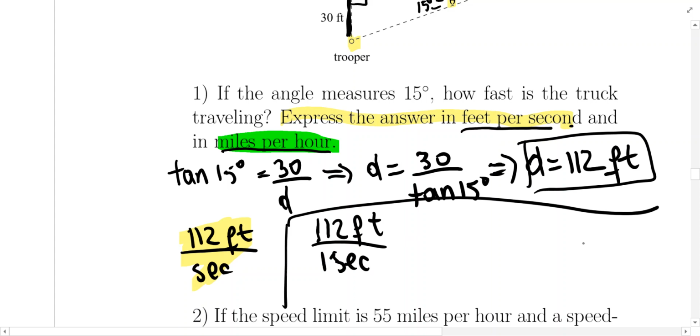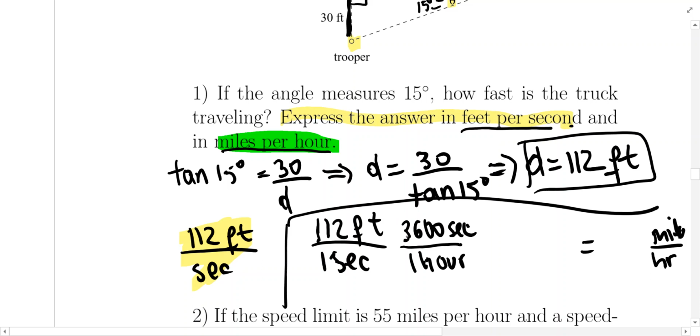Well, I need to get the answer in miles per hour. So I need to multiply by 1 hour. But instead of writing 1 hour at the top, I'm going to write how many seconds are in 1 hour. So I'm going to put 3600. That's how many seconds are in 1 hour.